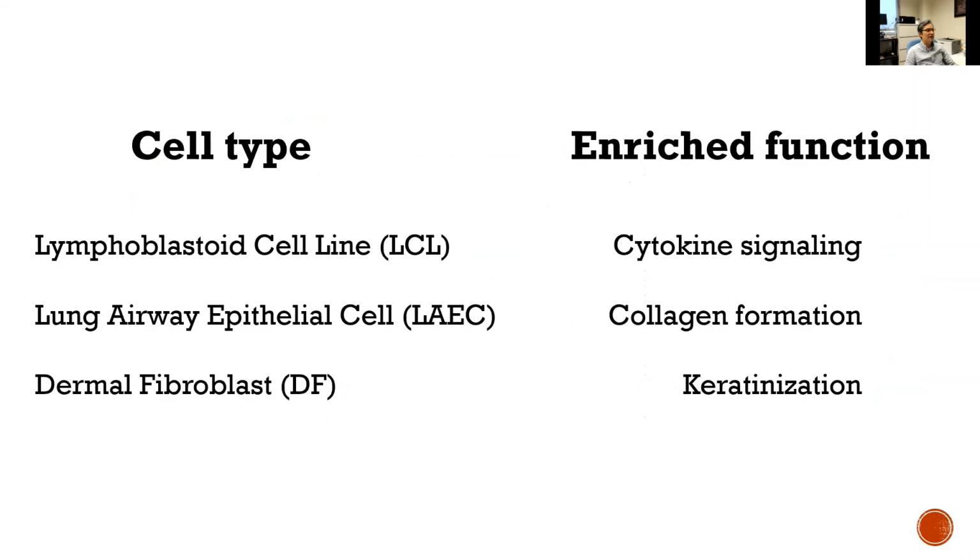So taking them together, we can see that using highly variable genes, you can identify the most important functional features associated with the cell type in which the highly variable genes are identified.